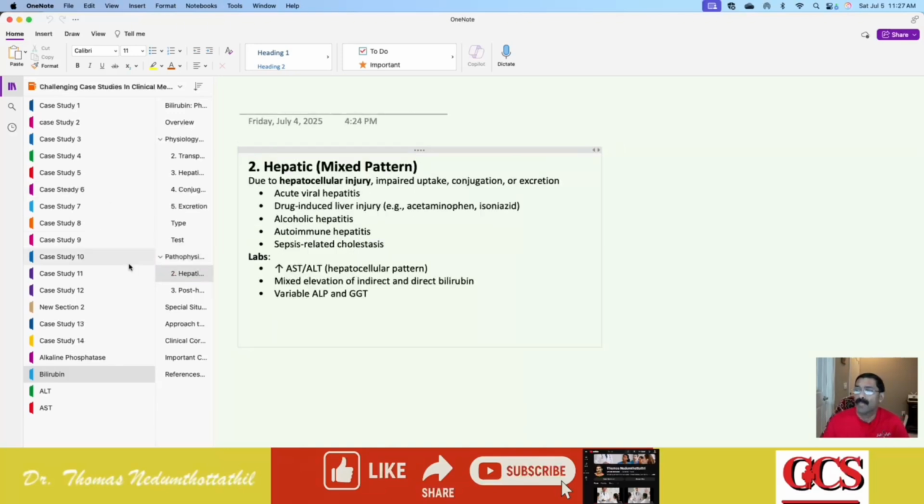Hepatic causes of hyperbilirubinemia give a mixed pattern due to hepatocellular injury, impaired uptake, conjugation, or excretion.